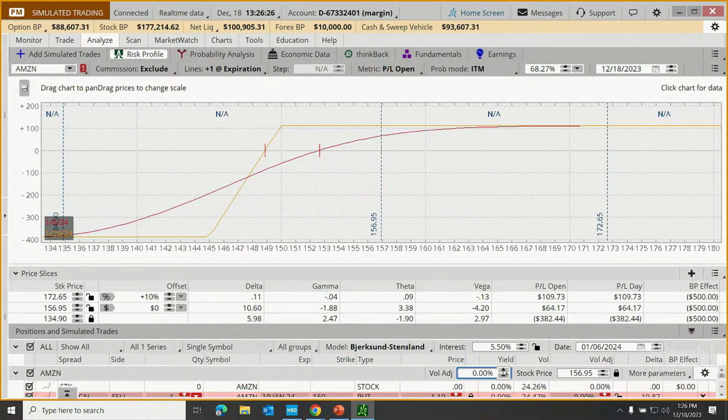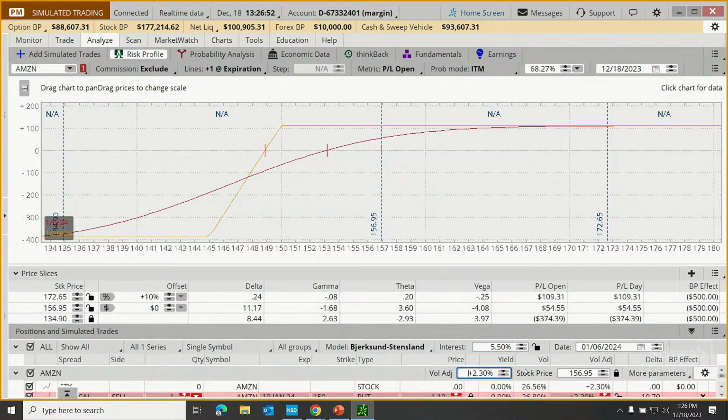Okay, so let's just increase our volatility. And you'll notice if we increase that volatility, that's chipping into profitability. It's also gradually lowering us away from our maximum gain scenario. Continue to increase that volatility, and you can see that expressed numerically. You can also see that expressed visually.